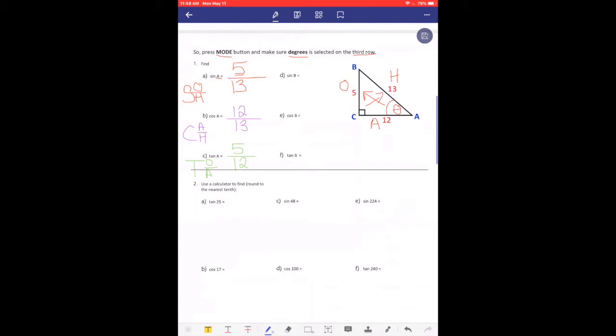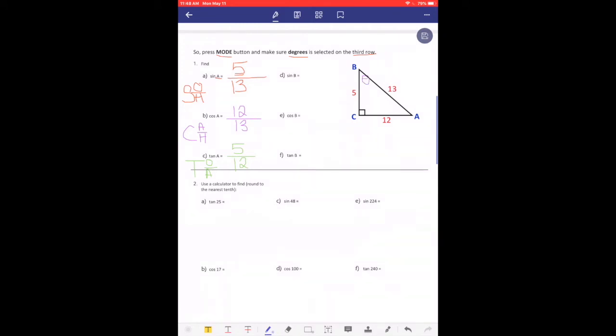Notice for D, E, and F, they're telling you that the angle we're using, theta, is the angle B. So I'm going to erase my markings because remember our adjacent and our opposite side change based on your angle.